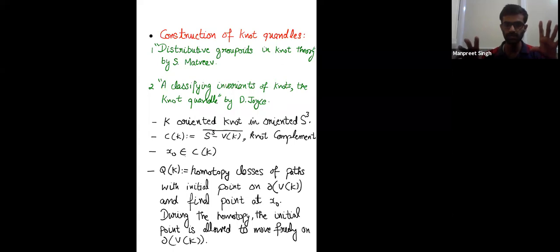We say this set is the knot complement, and we take a point x naught in the knot complement space C_K, and we define a set Q_K as the homotopy classes of paths with initial point on the boundary of the tubular neighborhood and whose final point is at x naught. During the homotopy, the initial point is allowed to move freely over the boundary.